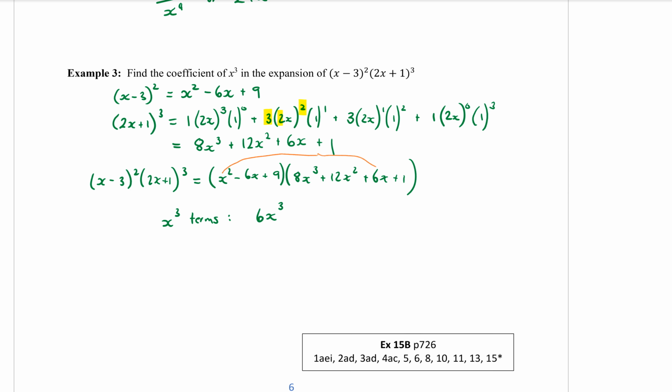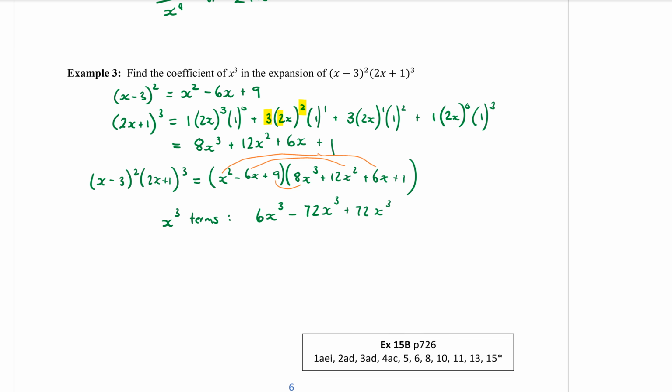If I multiply the minus 6x by the 12x squared, that would also make an x cubed term, and that would make negative 72x cubed. And finally, the 9, which has no x's, times the 8x cubed would make an x cubed term. 9 times 8 is a positive 72x cubed.